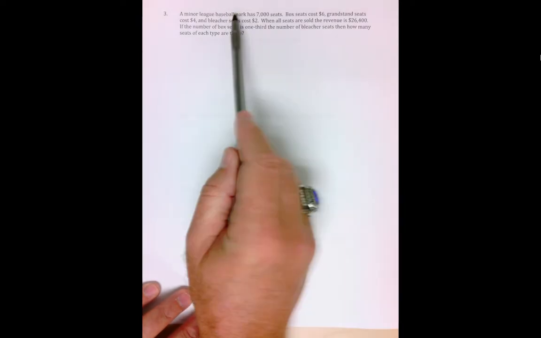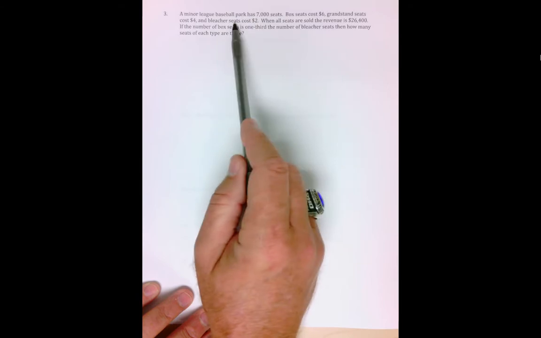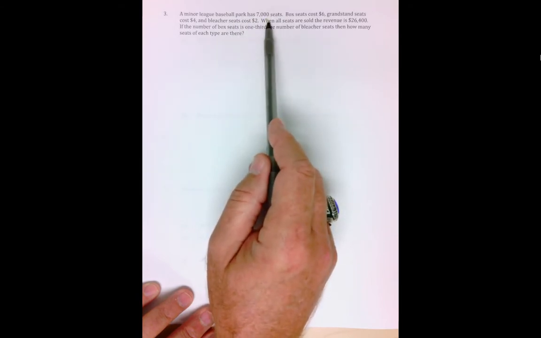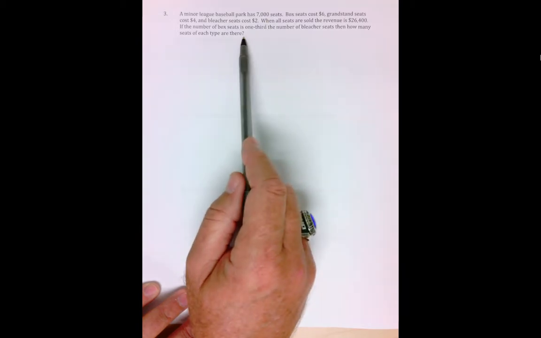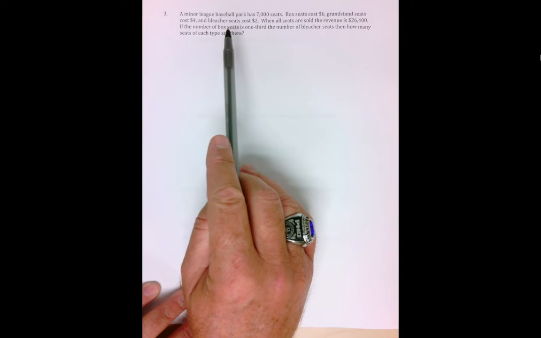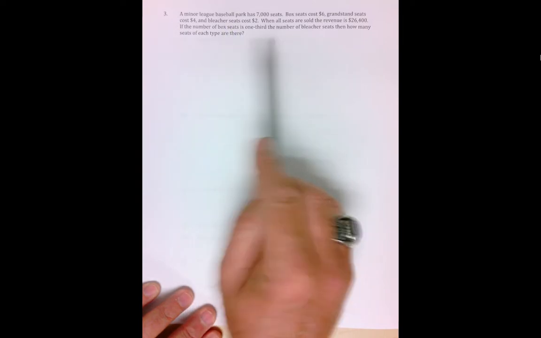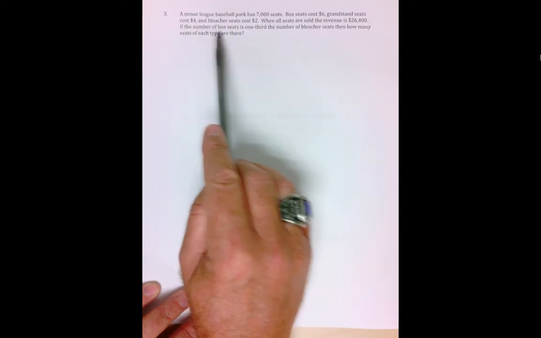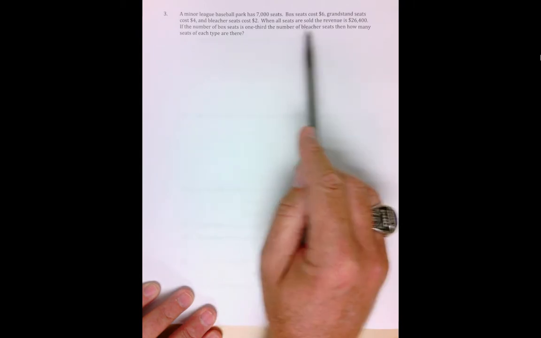All right, minor league baseball park has 7,000 seats. Yada yada yada. I don't even care about that right now. When I start reading this problem, I can almost guarantee this is a system of linear equations, and I am going to go directly to the last sentence and see what they're asking me to find. So when I go to the last sentence, I get some more stuff, number of box seats, 1/3, whatever.